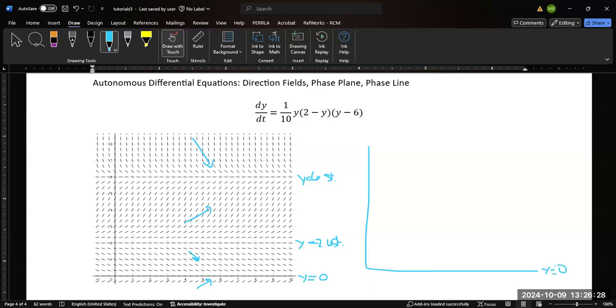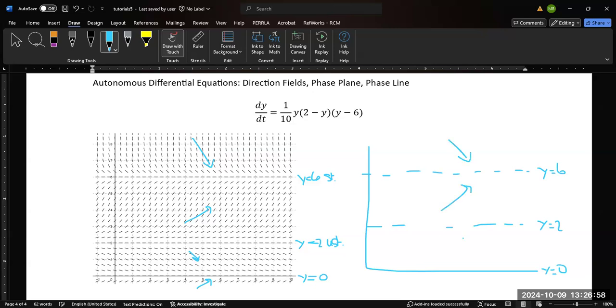equilibrium values, like so. And again, because we know what the behavior has to be from the full blown-out direction field, the main pieces of information that we need are which direction the slopes are pointing.